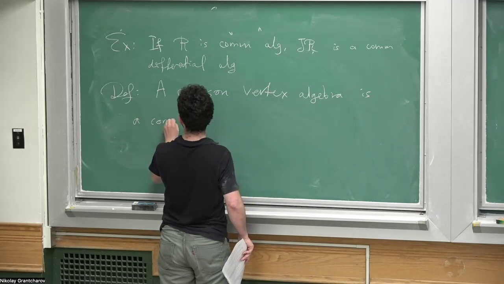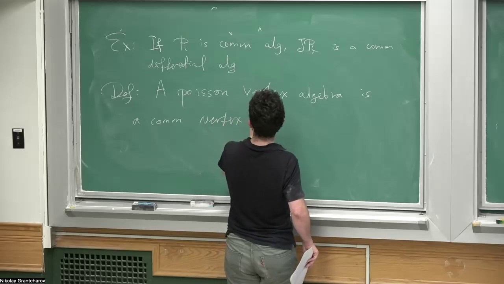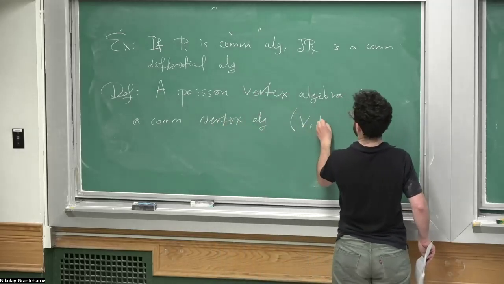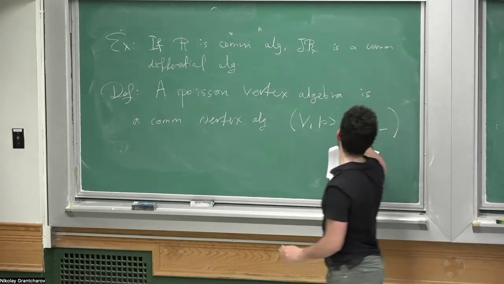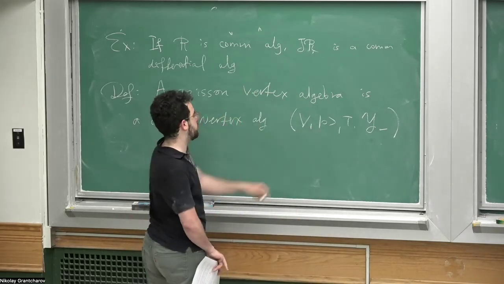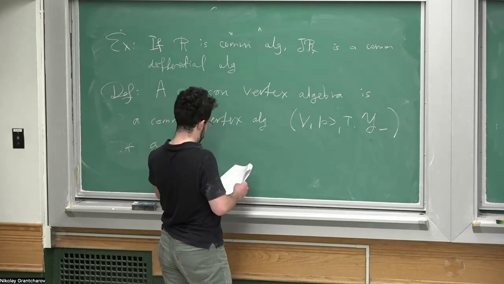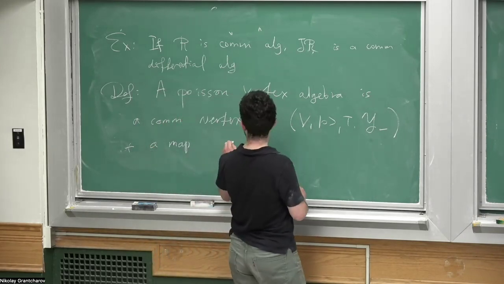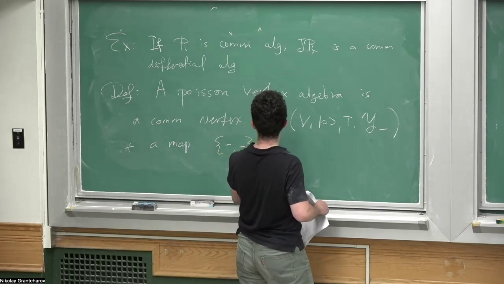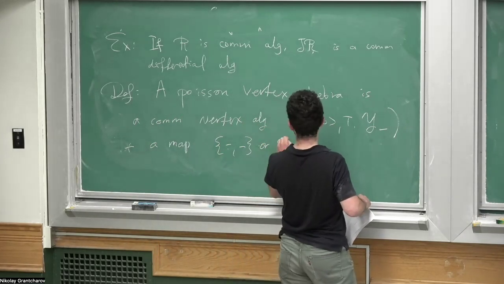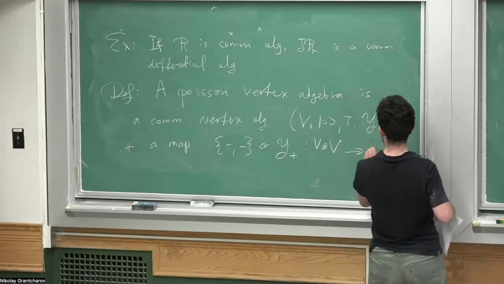So we have a commutative product, which I'm going to denote by C, the translation, and then Y minus, because only negative components appear, plus a map, the curly bracket or Y plus, from the tensor product to this.